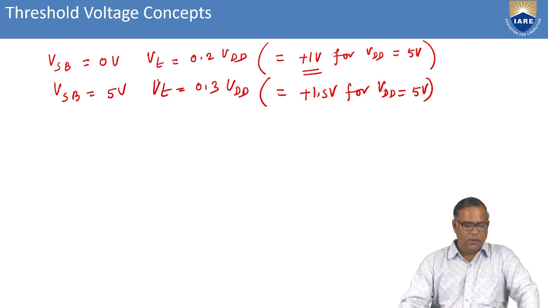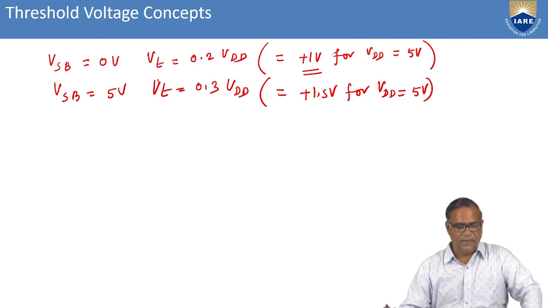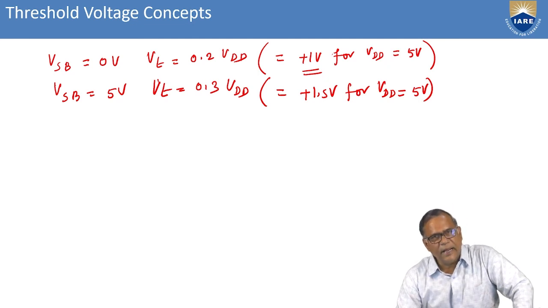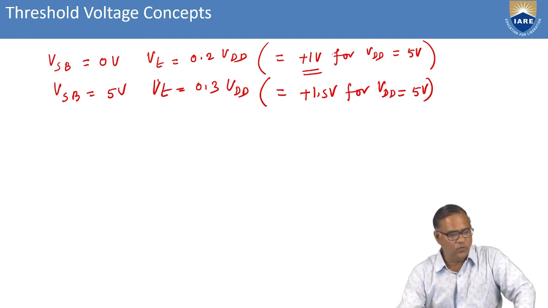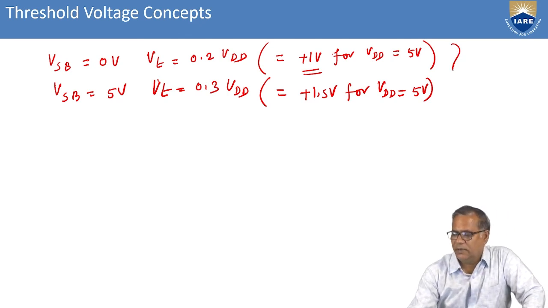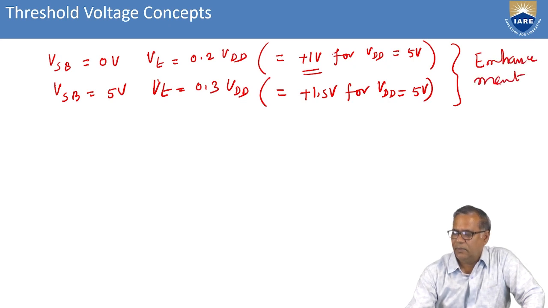Okay. So this is for NMOS. And for PMOS, the trend is same except for negative values of the threshold voltage. Now for NMOS, this is for the enhancement MOSFET, N type.